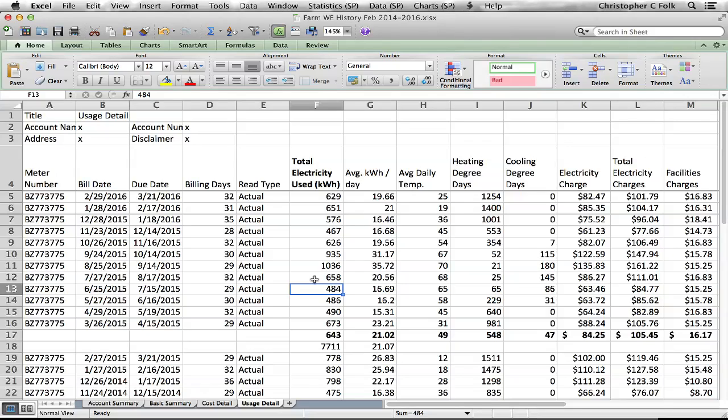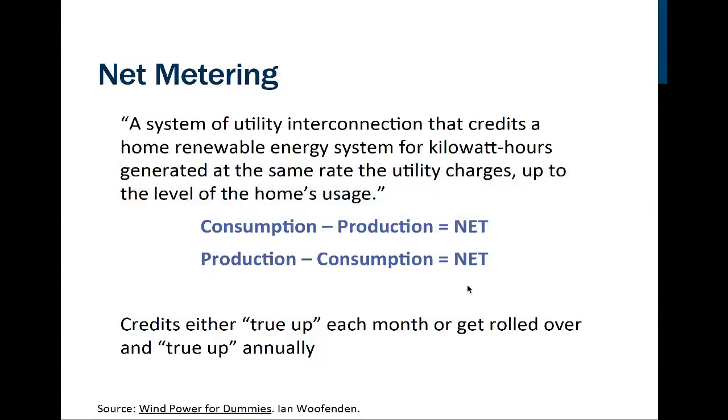So when I subtract one from the other, I will still be charged for 158 kilowatt hours worth of energy. So this is how the math is done on these. The credits are either going to true up each month, or they will get rolled over and get trued up annually. Annually seems to be the more popular way for the utilities to do it.